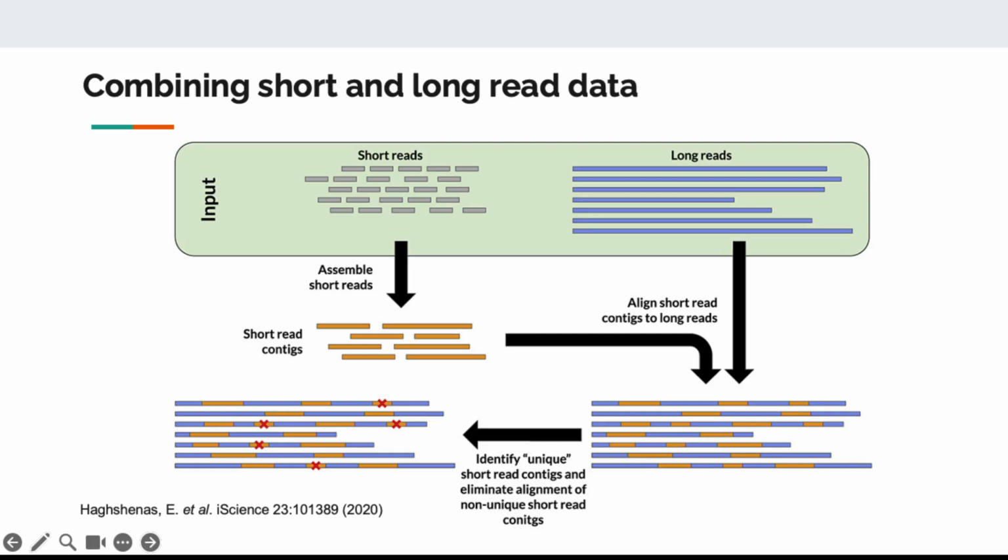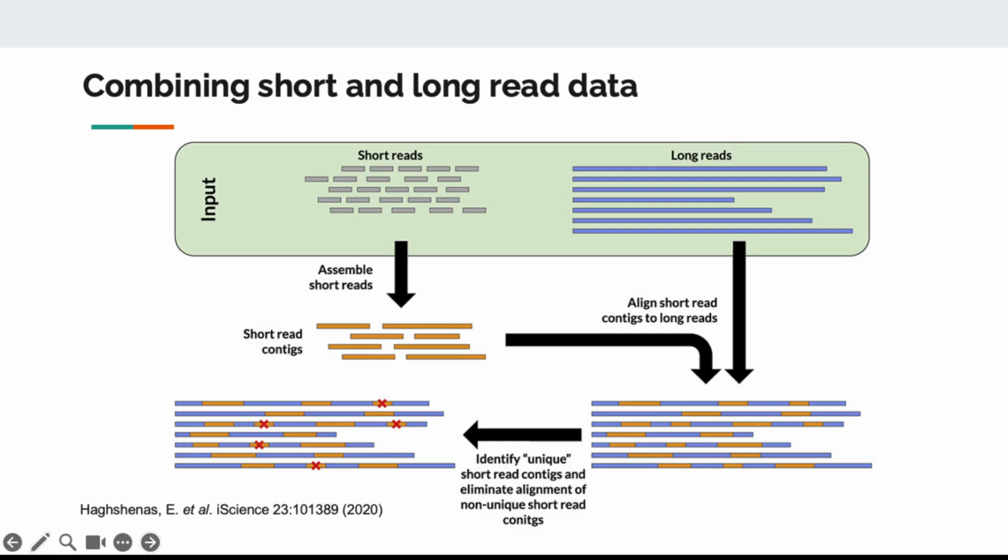So imagine that you study a new organism, let's say you identify a new animal, and you want to recreate the whole genome. If you do only short read, then chances are you're not going to be able to reconstruct the whole genome, because with short read you don't have full coverage. In some regions you cannot assemble the data.